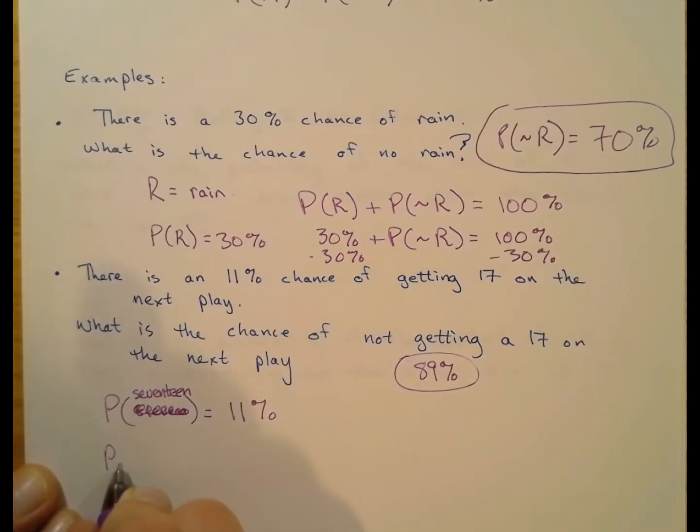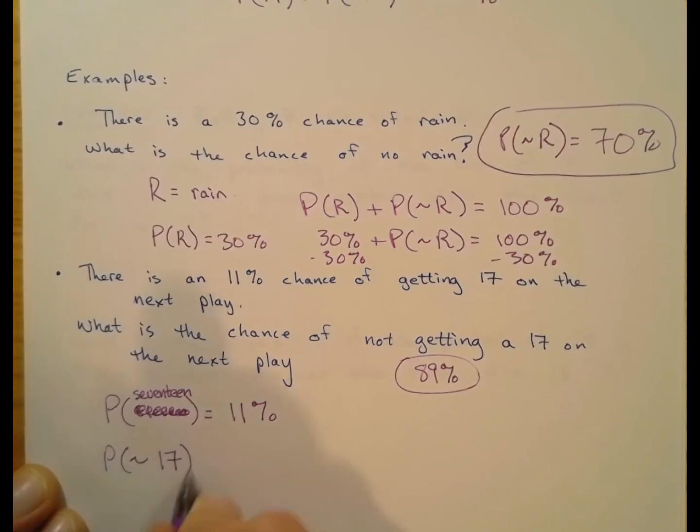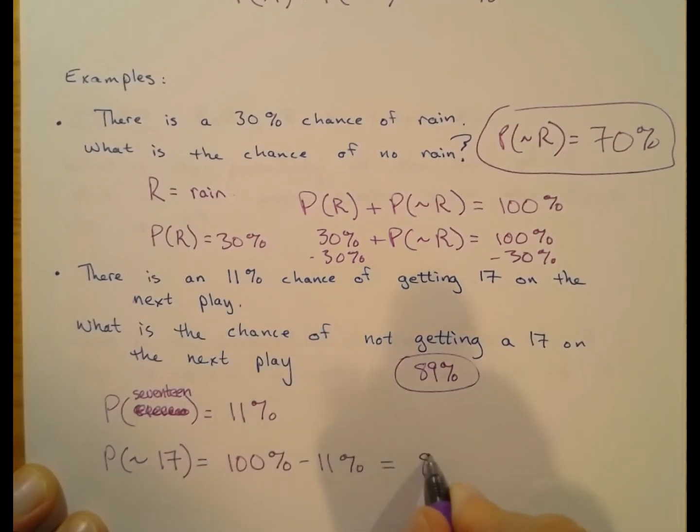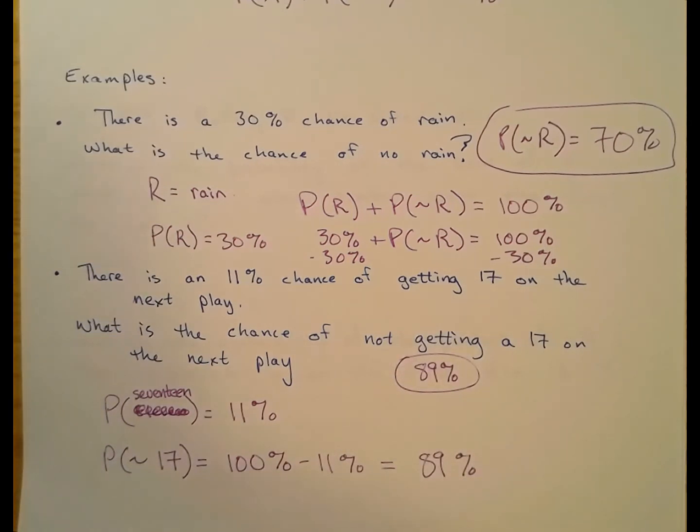The probability of not getting 17 is going to be 100% minus the 11%. That's where we get our 89% chance from. So complements is super duper easy. It's either something happens or it doesn't, and those two probabilities add up to 100%. So if you know the probability of something happening, 100% minus that probability is exactly the probability of that thing not happening.